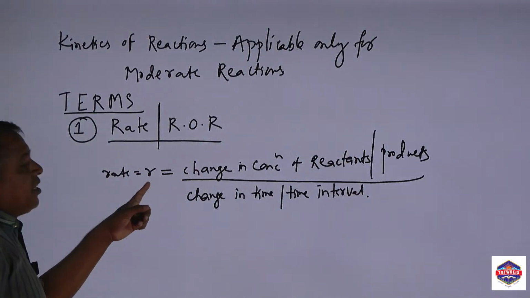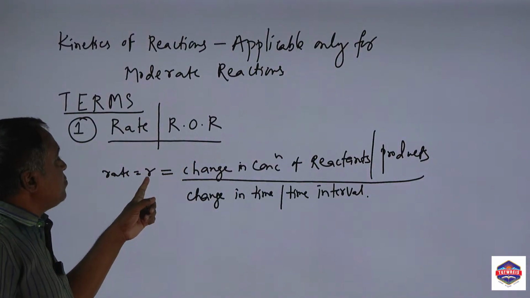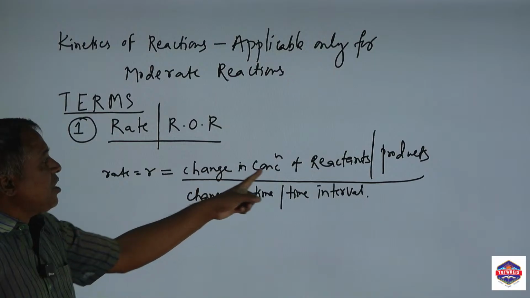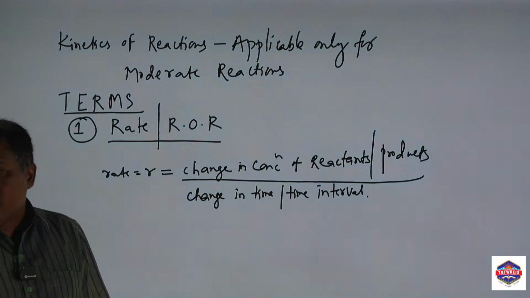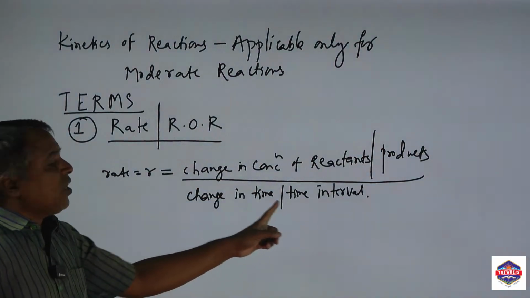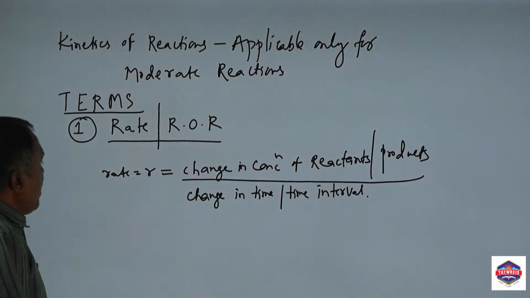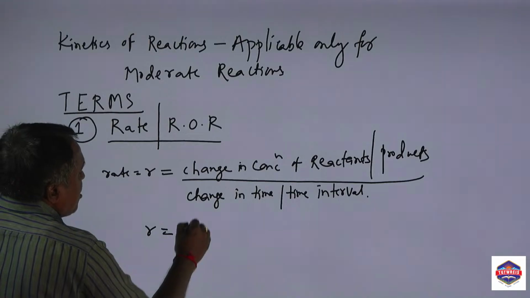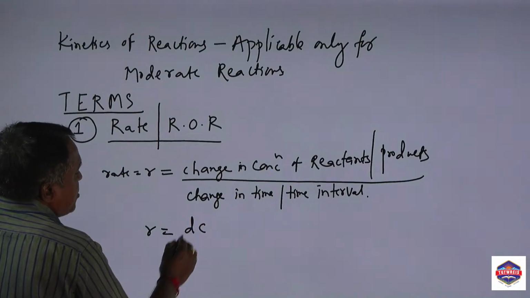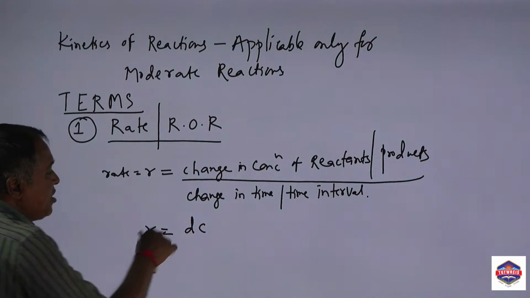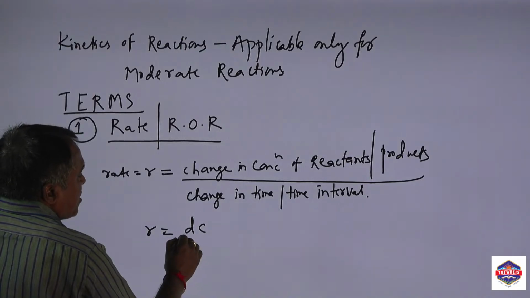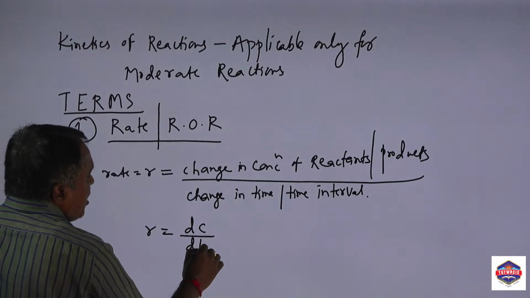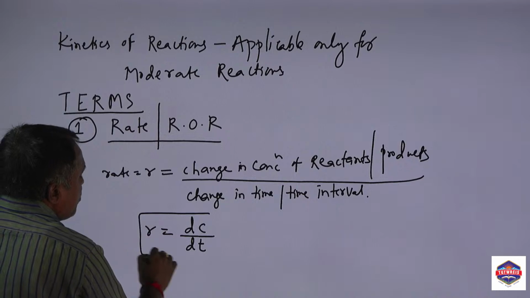So actually R is equal to change in concentration, d C, of reactants or products by change in time. This is R equal to d C by d t.